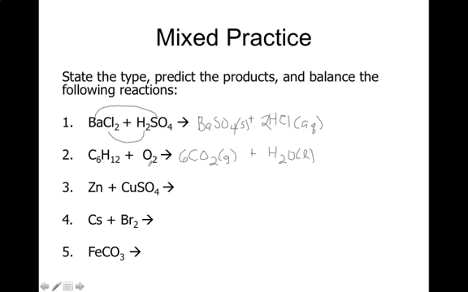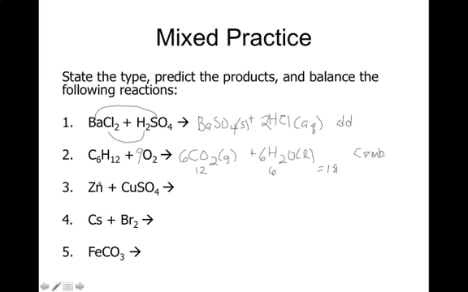We've got 12 hydrogens here, so we put a 6 here, which gives us 12 there. With 6 here, that gives us 18 oxygens overall, so we need to put a 9 here. This is a combustion reaction. This one was a double displacement reaction.